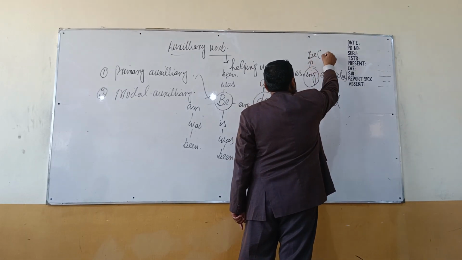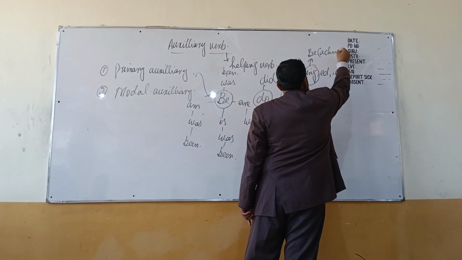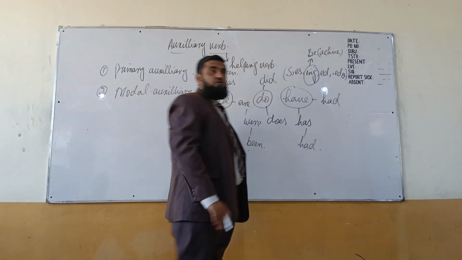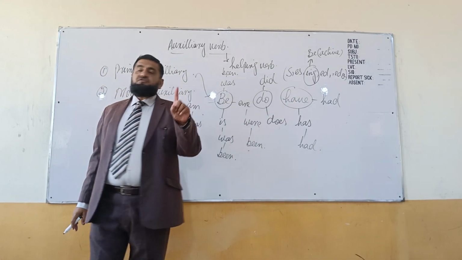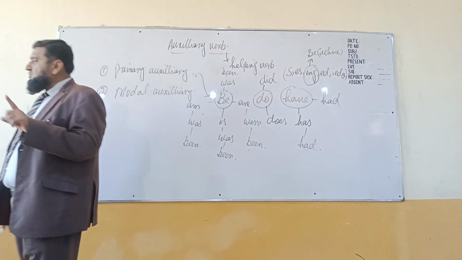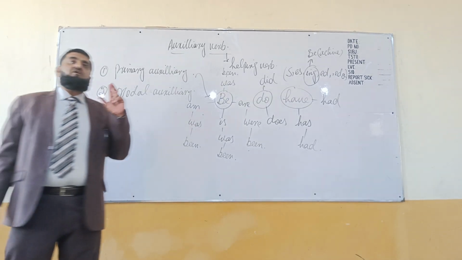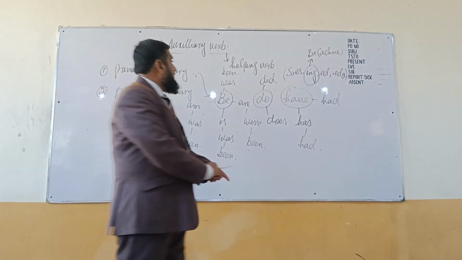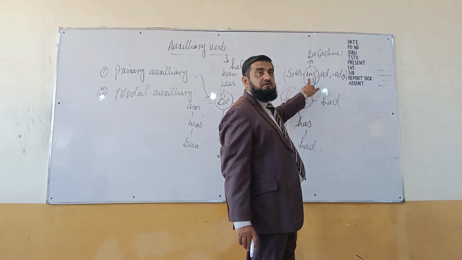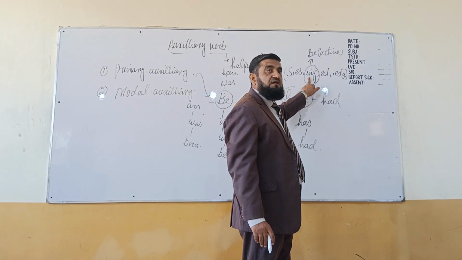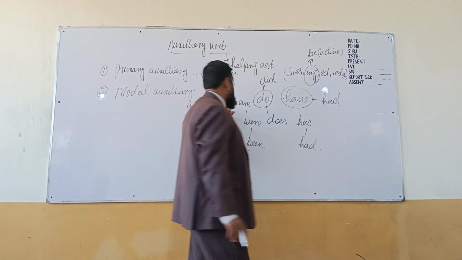With auxiliary be in an active voice sentence, you will use the first form plus ing, which is called the progressive form of the verb.